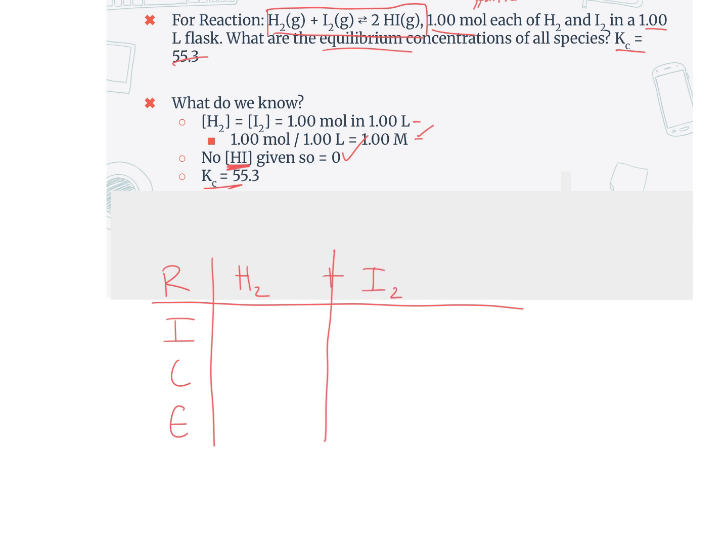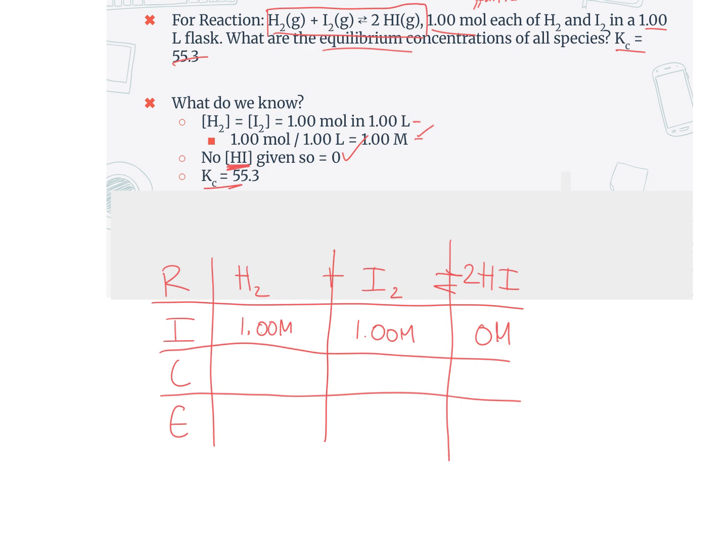We'll have a column for I2. And that is in equilibrium with 2HI. Now let's try and fill in the rest of this table. Initially, we've been given initial concentrations. This is 1 molar, or it's 1.00 molar. I2 is the same. And for 2HI, we know this is 0 molar because the reaction hasn't proceeded at all.